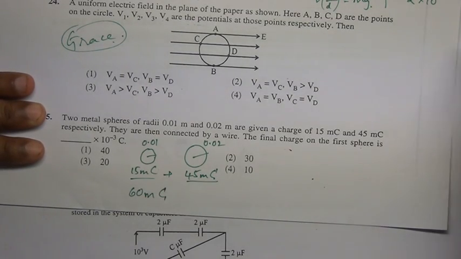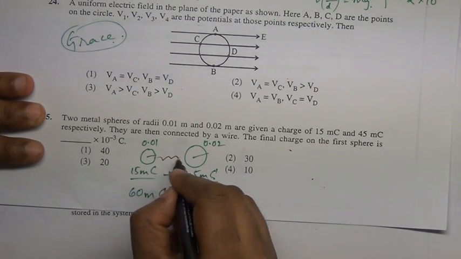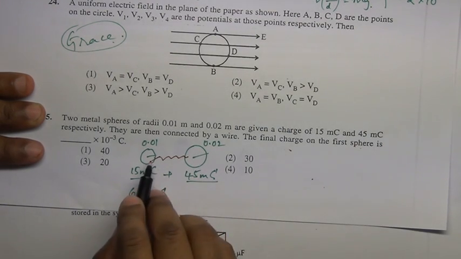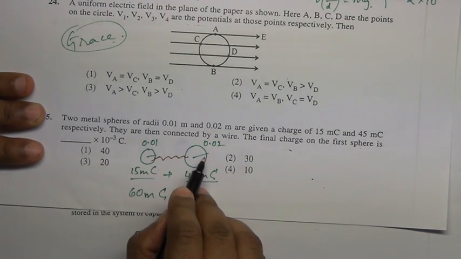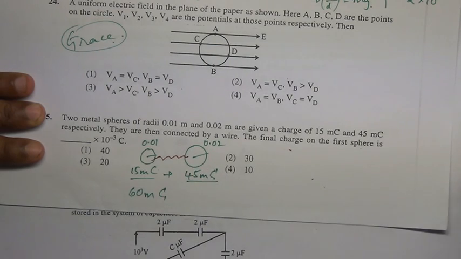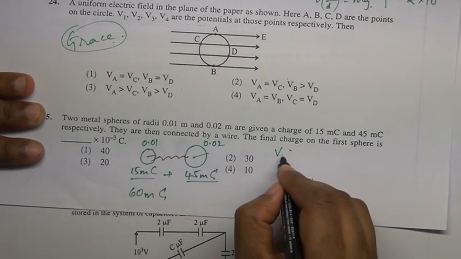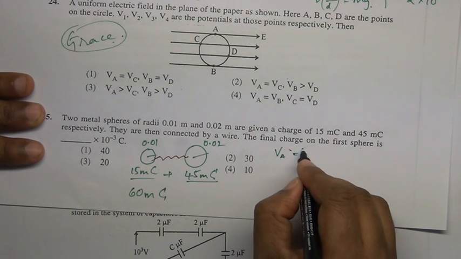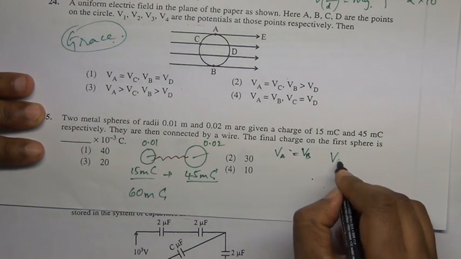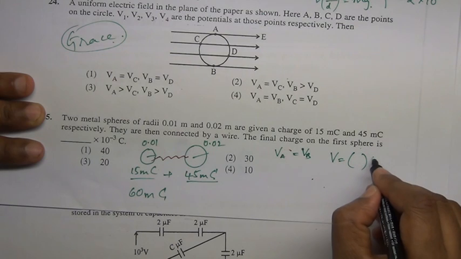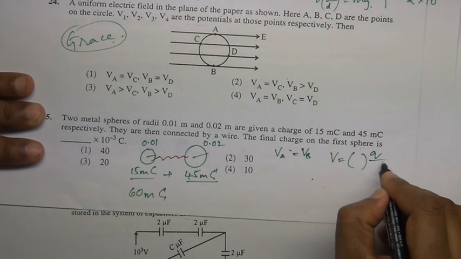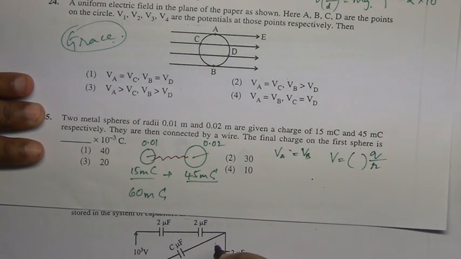When they are connected by a wire, then transfer of charge takes place till they acquire same potential. Therefore, potential of first sphere equal to potential of second sphere. But potential equal to constant into charge by radius.